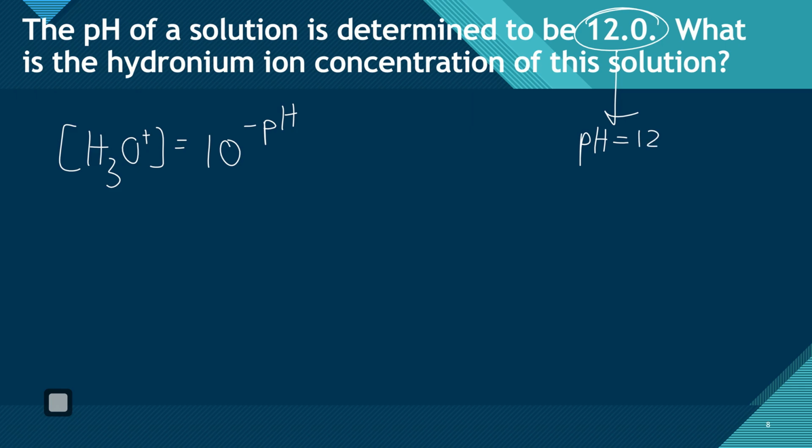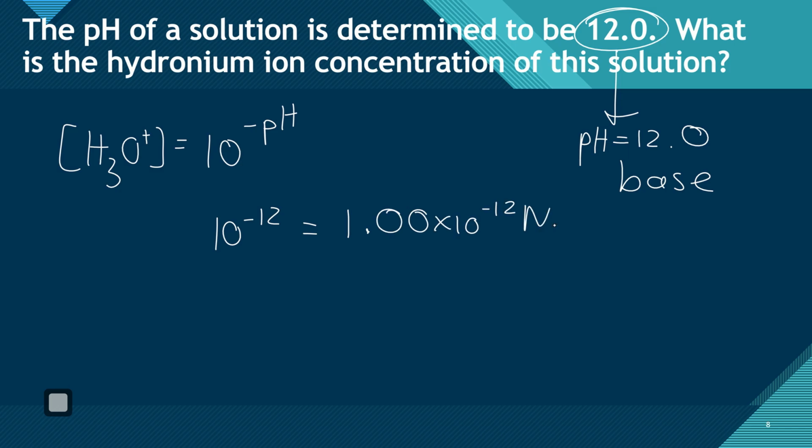So you already know that this is a base. But we're calculating out the hydronium, so I'm just doing 10 to the negative 12. I do actually need 3 sig figs, so 1.00 times 10 to the negative 12 molarity. You are getting concentrations from this.